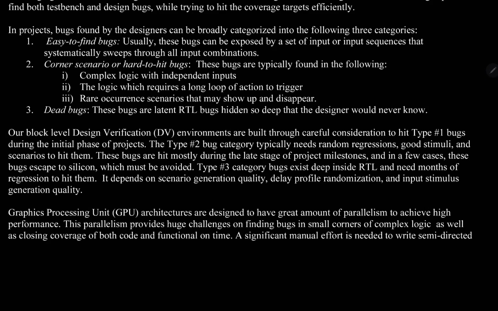These bugs are hit mostly during the late stage of project milestones, and in a few cases, these bugs escape to silicon, which must be avoided. Type 3 category bugs exist deep inside RTL and need months of regression to hit them. It depends on scenario generation quality, delay profile, randomization, and input stimulus generation quality.